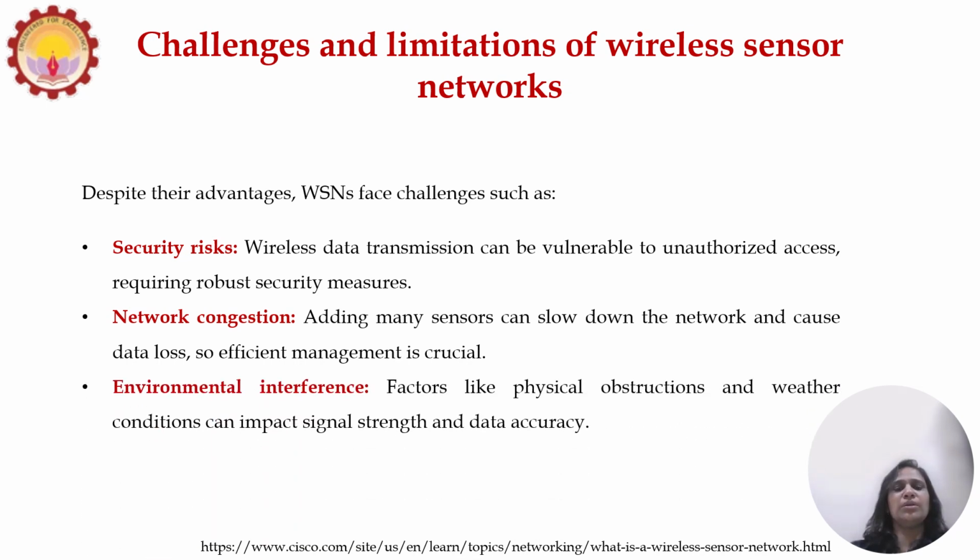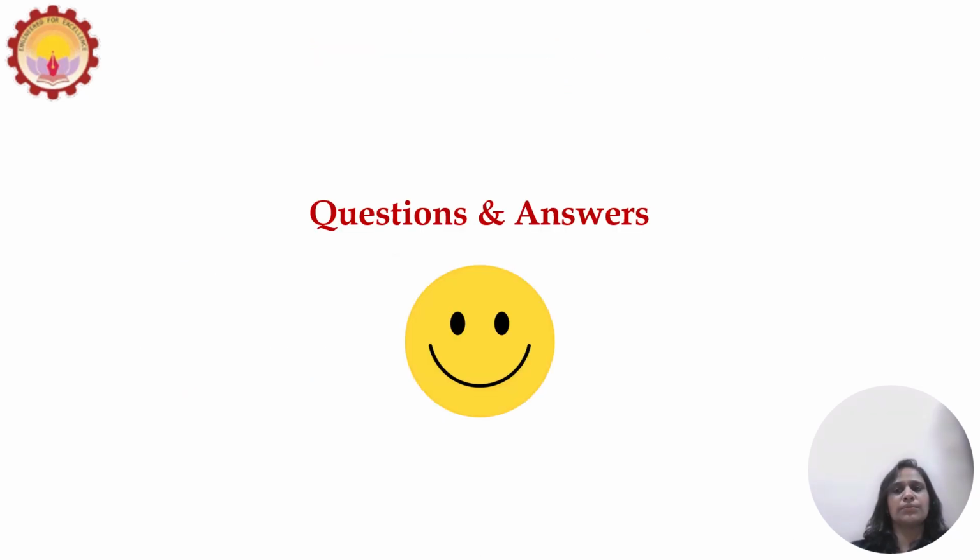Environmental interference: factors like physical obstructions and weather conditions may impact the signal strength and data accuracy. So these are some of the challenges that occur for wireless sensor networks.